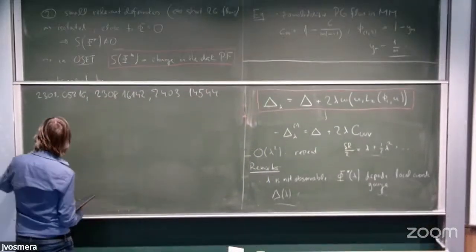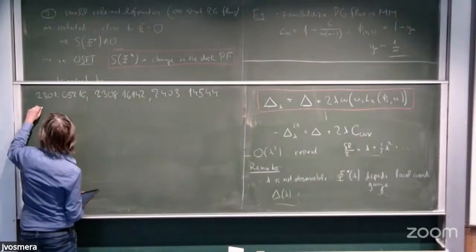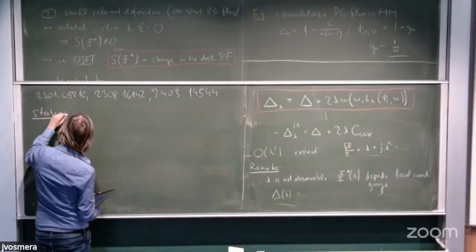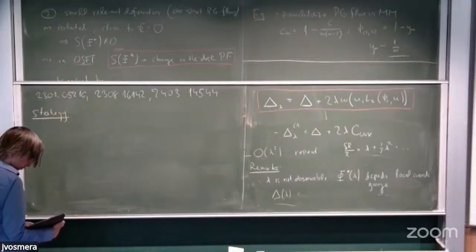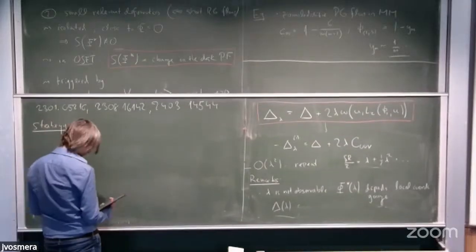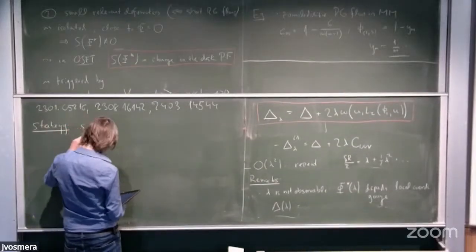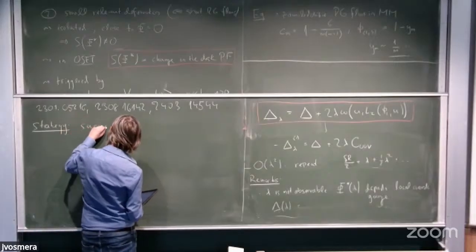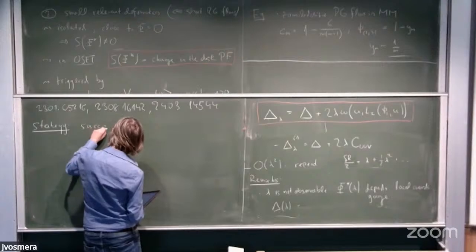So the strategy which I will use to find a solution corresponding to the short RG flow will be very similar to what we did for the element of the deformed cohomology in the case of marginal deformation. So we will try and solve for successive approximations to the solution.